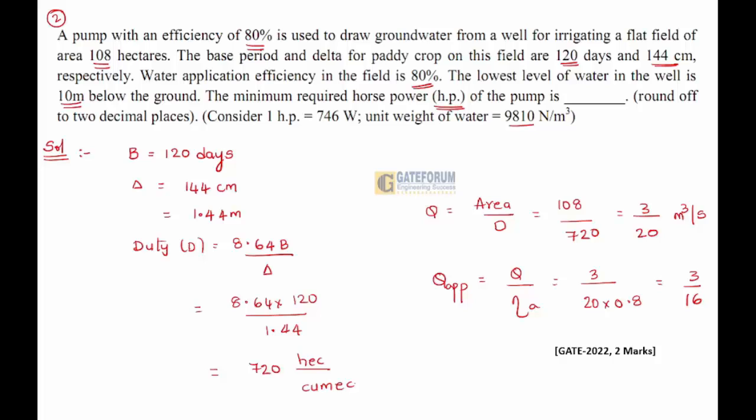Now he is asking you power. When we talk about power for a pump, it is mgh by T, that is density into volume by time, into g into H. Density is equal to mass by volume.